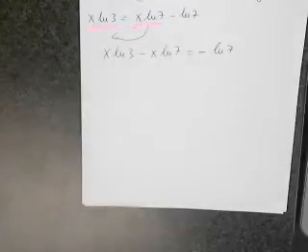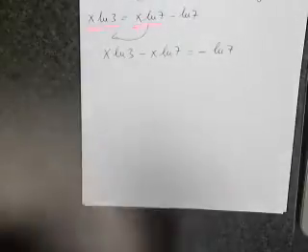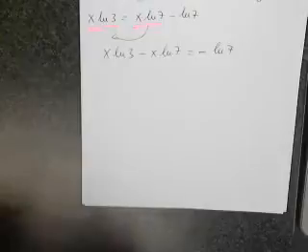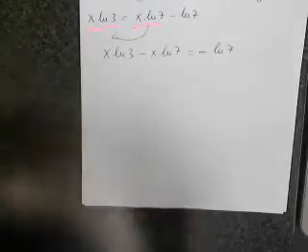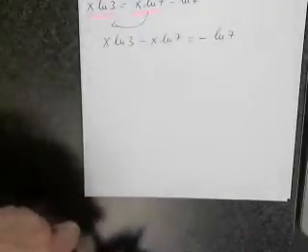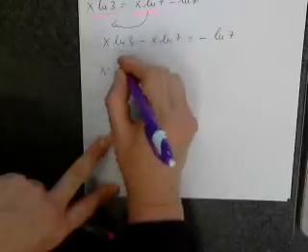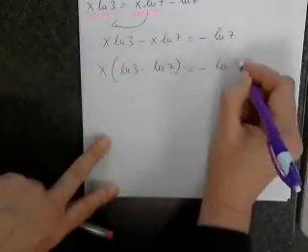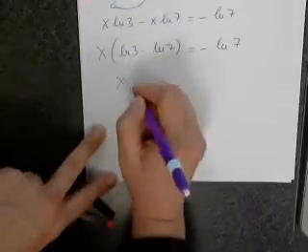But there must be a way for us to continue. What should I do? I have to factor out x. x times (natural log 3 minus natural log 7) equals negative natural log 7. And now the final answer is?